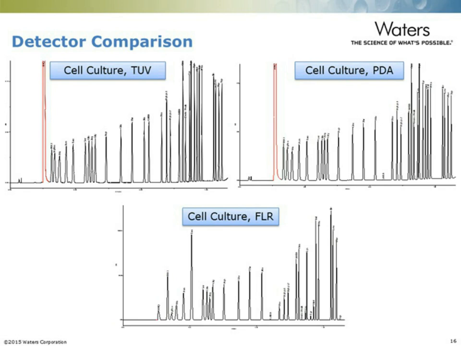Sometimes we will incorporate a photodiode array detector or a fluorescence detector because the instrument may be used for other applications where those detectors would be desirable. We show the results here with the mixture of amino acids commonly assayed in a cell culture assay where the number of amino acids is somewhat larger.